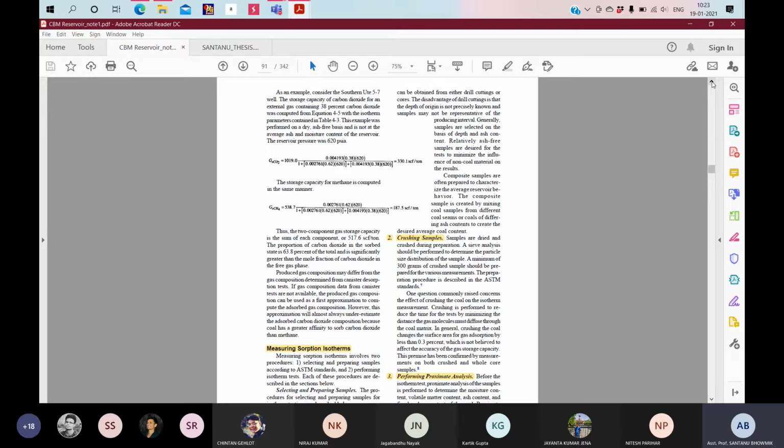New induced fractures may start, and whatever gases were trapped will come out, so you will not be able to get any gas. That's why you have to be careful when you take the sample from the blasting or from the inside of the coal.